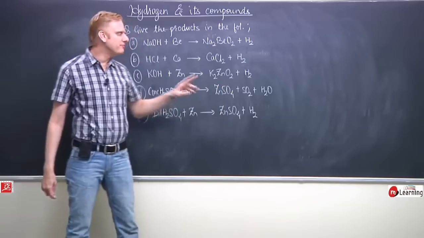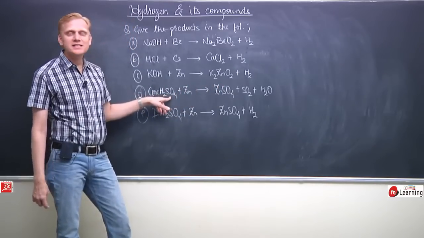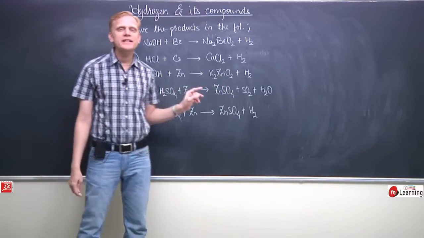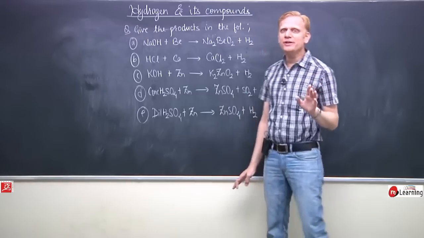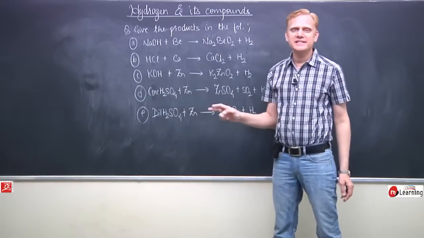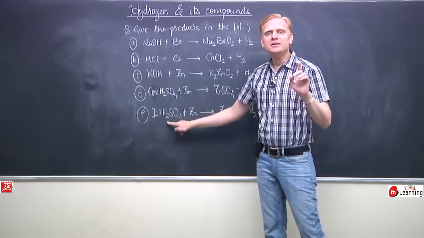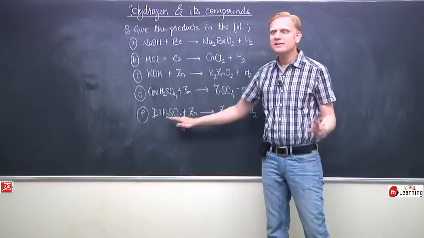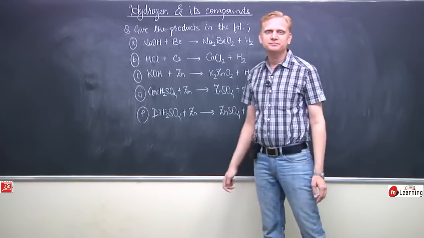It is due to the fact that concentrated sulfuric acid has oxidizing property also. Concentrated sulfuric acid is an acid, but it is also an oxidizing agent. Dilute sulfuric acid is an acid but not an oxidizing agent. That is why we have a difference in these two products.